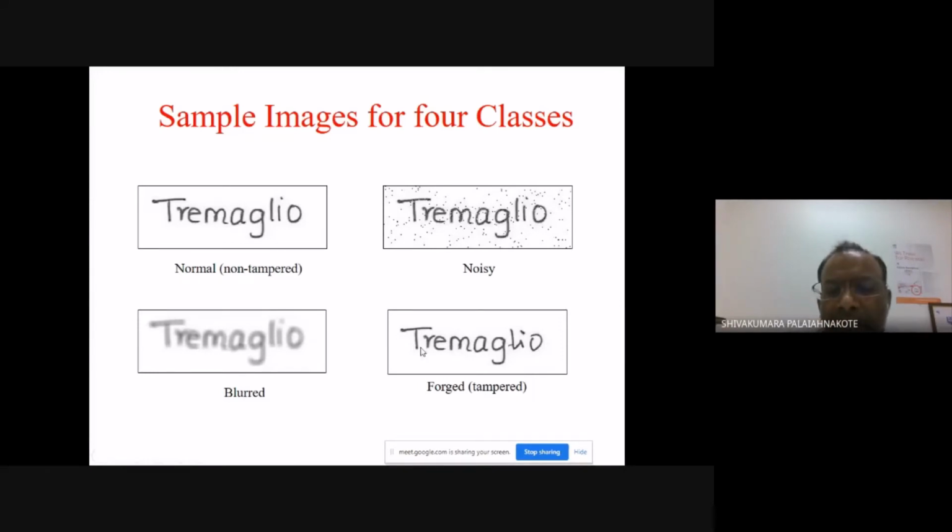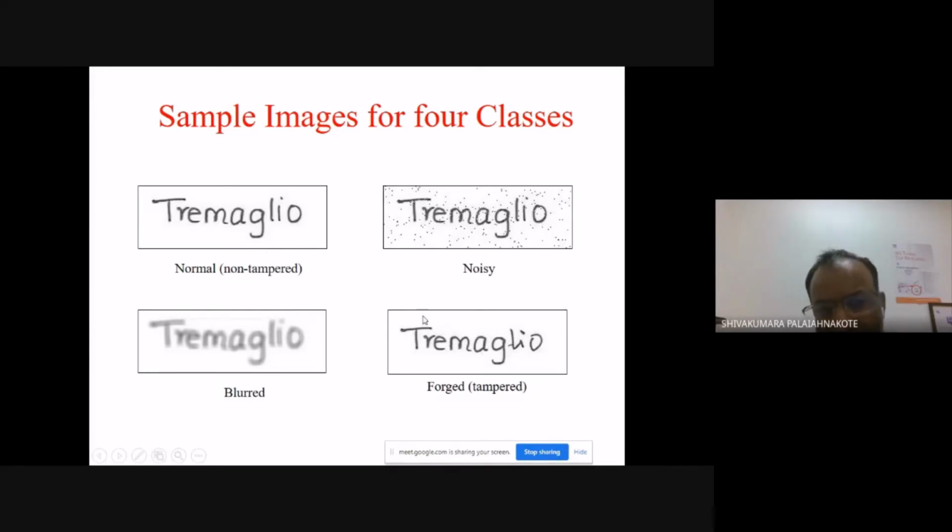Now, how can you say that this is forged? If we look at these two, do you think there is really a difference? If we ask you what the difference between these two is, probably you won't notice unless I say this is forged. Unless you know this is forged and this is the original, you can't notice some difference here. Otherwise, if I just give these two, I don't think they can notice.